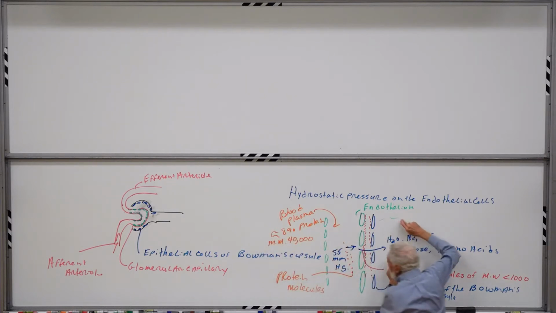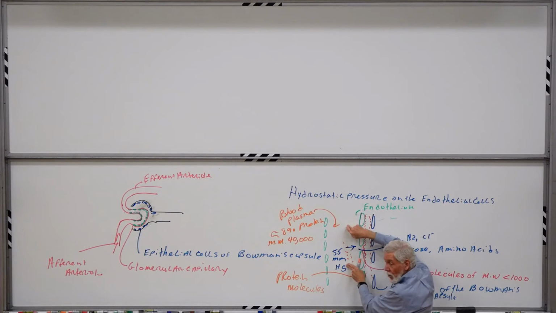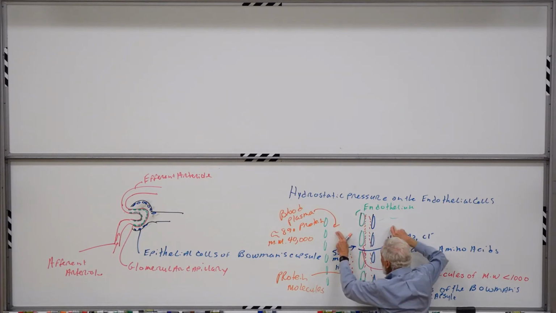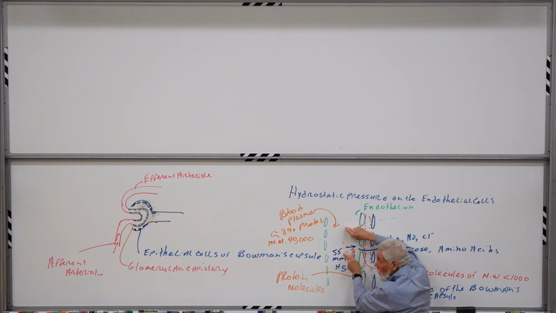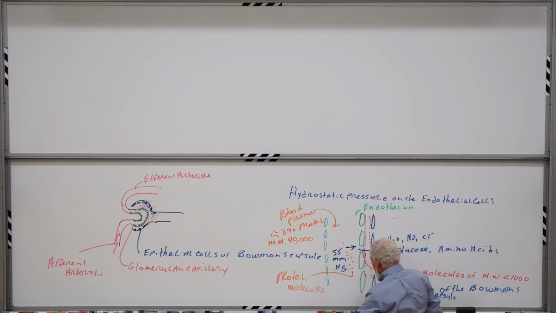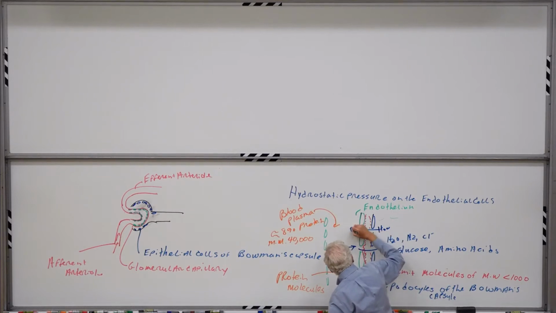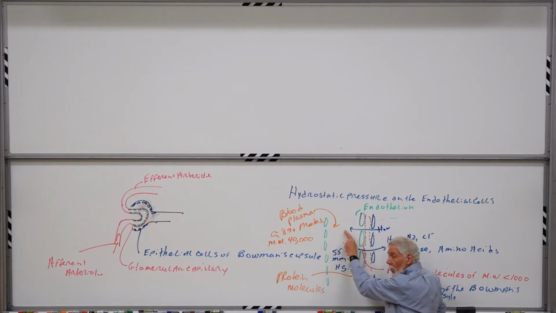If you've squeezed the water out and left behind the proteins, what's the concentration of water differential between these two sites? We have more water over here. We squeeze the water out from this compartment. We now have a gradient such that we have more water here than here. So now, because of that gradient, we have another force moving the water back into the capillary.